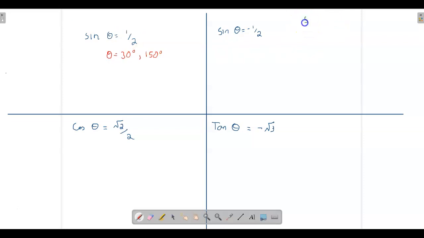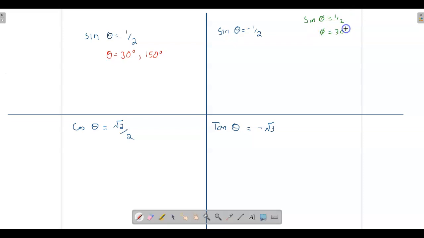The one that I've just worked out is that sine theta equals a half. In fact, let's not call this theta and confuse ourselves. Let's use another Greek letter, something like phi. So sine phi is a half, then phi will be the 30 degrees.